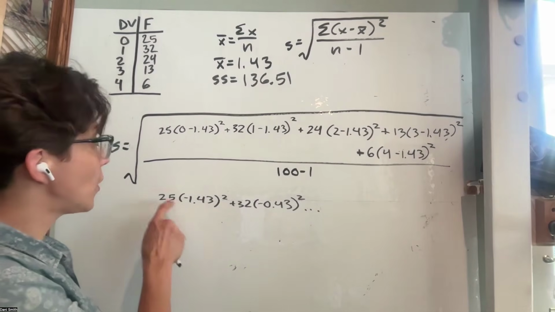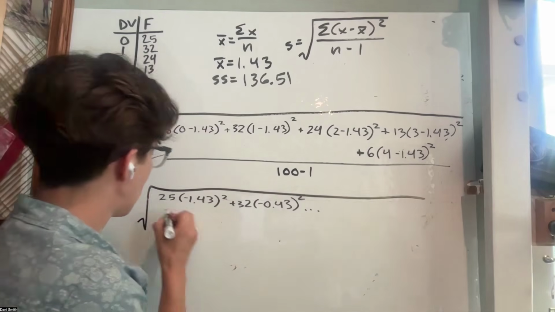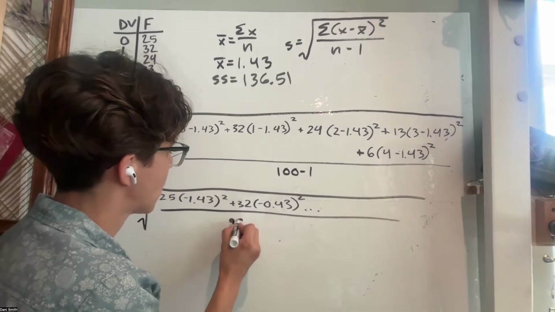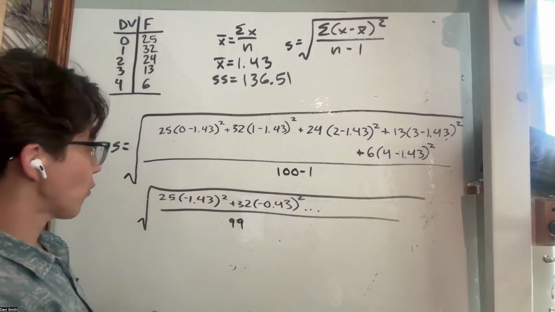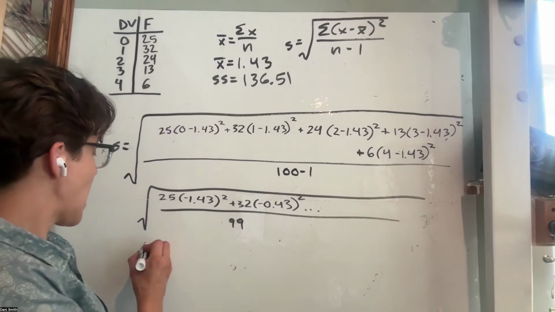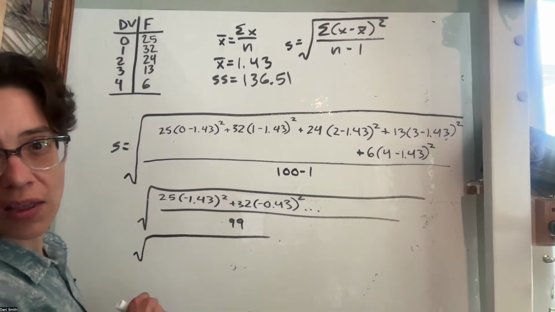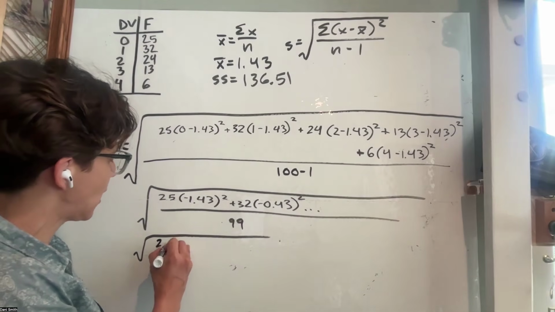Then we don't touch the frequencies yet. Let me put the rest of this formula back on. We're not going to touch the frequencies yet. We have to square this first. So we square, and this one squared gives us 2.0449.